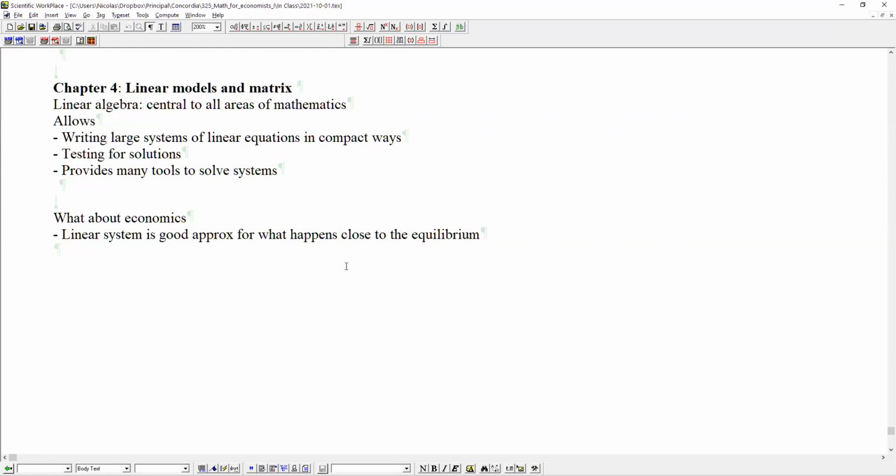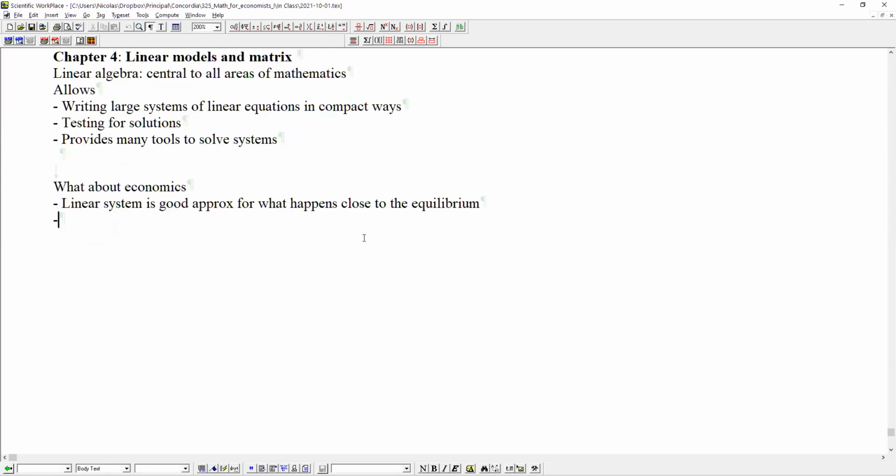And we use Taylor approximation for nonlinearities, which we'll see later.